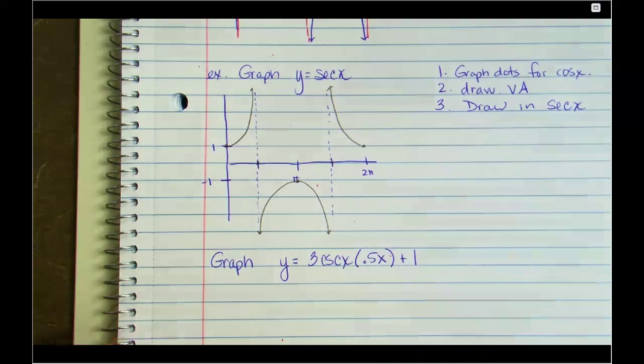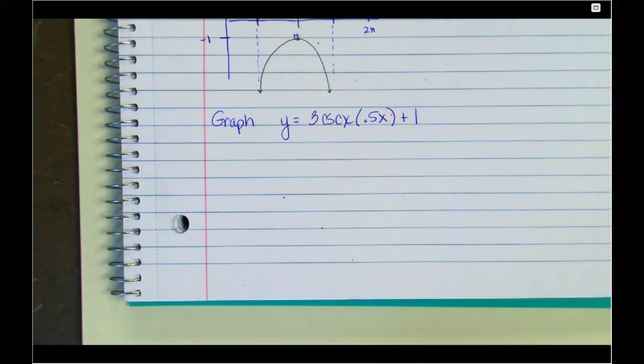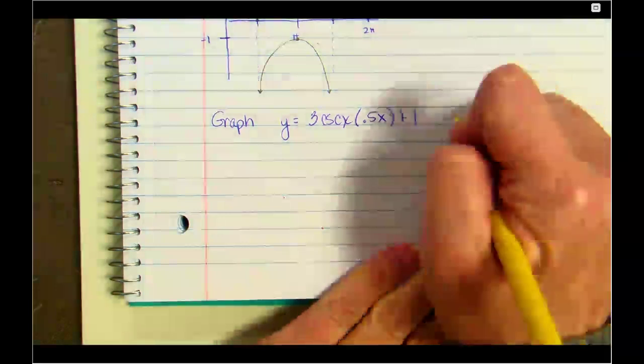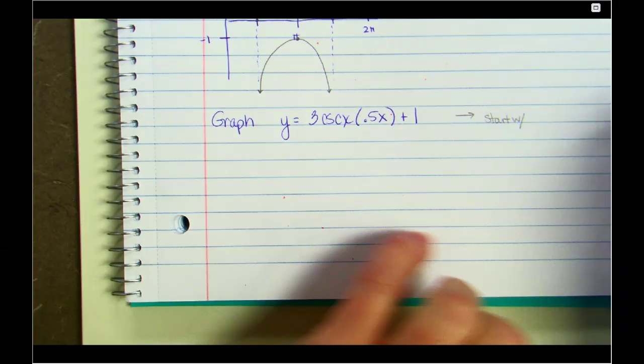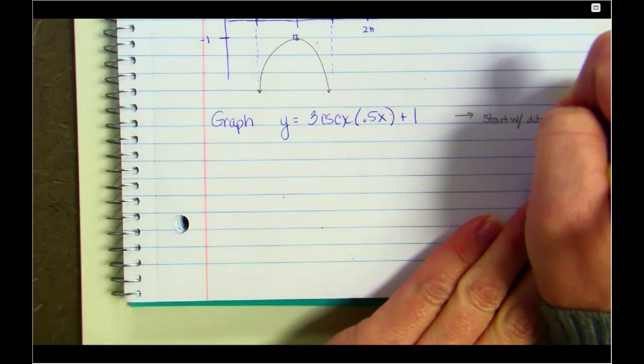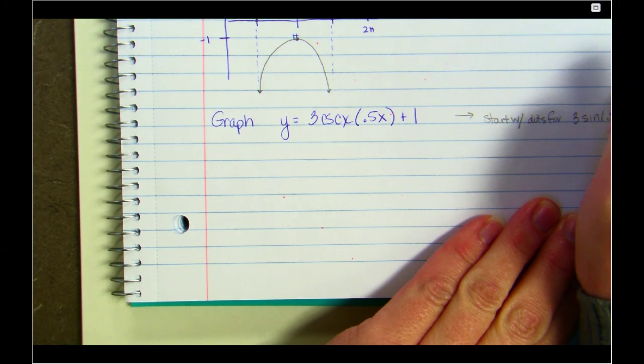Okay, so when we have the transformations in there, it looks like this could be terrible. But the good news is that where you start is with the dots for 3 sine 0.5x plus 1.